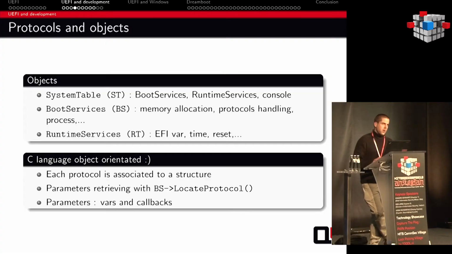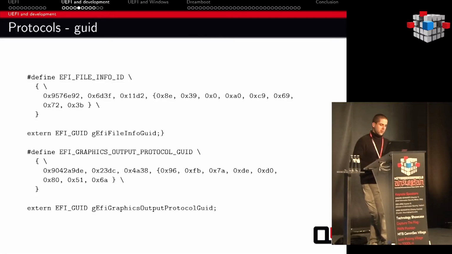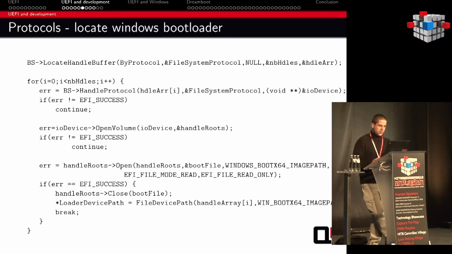And LocateProtocol lets you retrieve a custom structure with some fields and callbacks to call the firmware directly. Each protocol has a unique identifier in the firmware. Everything is published in the specification. Here is just an example for the graphics card. So it's not really interesting.